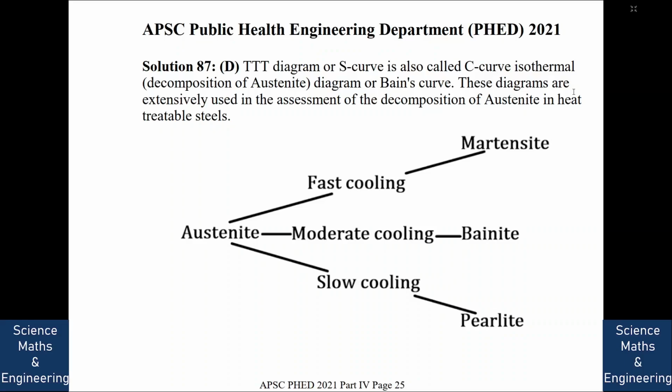Austenite is stable only at a very high temperature, above 727 degrees centigrade. After that, it changes to these different forms. However, we can have retained austenite if we do not allow it to transform by some specific heat treatments. So we'll go to the next question.